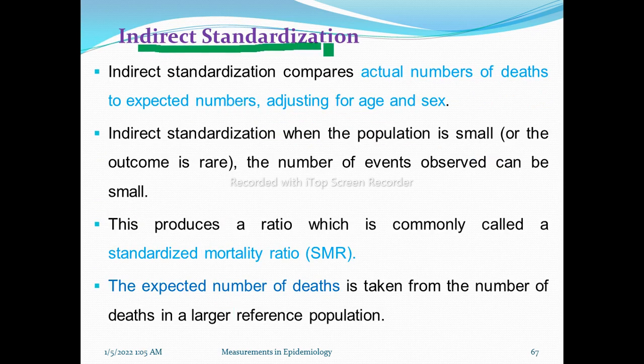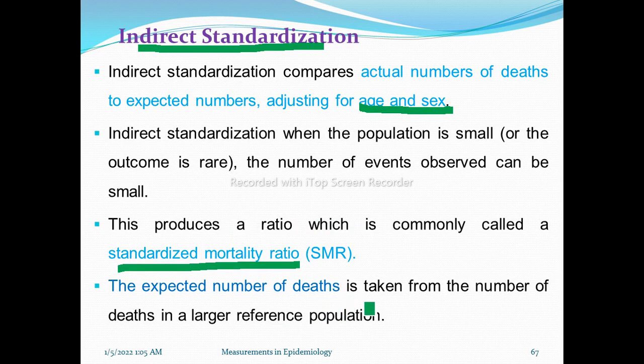Now indirect standardization compares the actual number of diseases to expected numbers, adjusting for age and sex. Indirect standardization is used when the population is small and the outcome is rare, so the number of events observed can be small. This produces a ratio, which is commonly called the standardized mortality ratio.